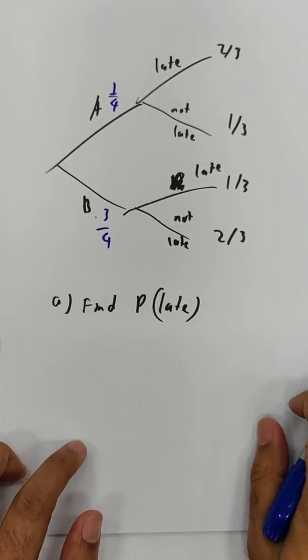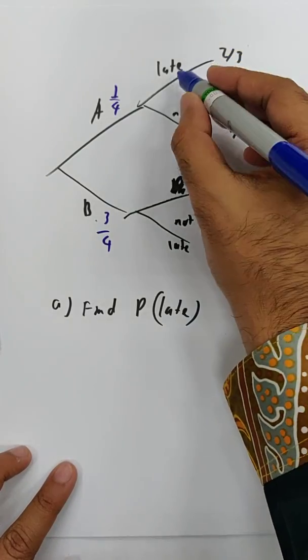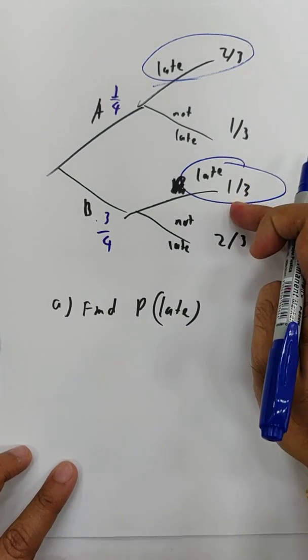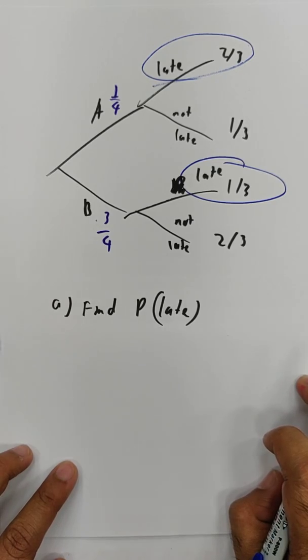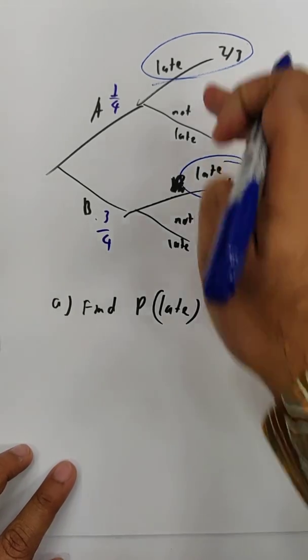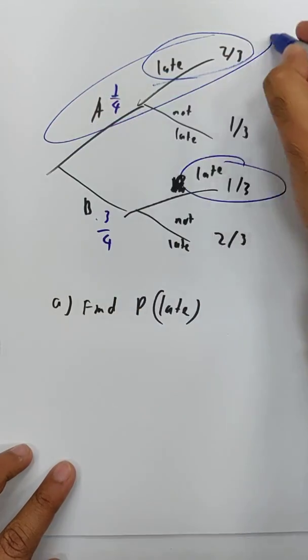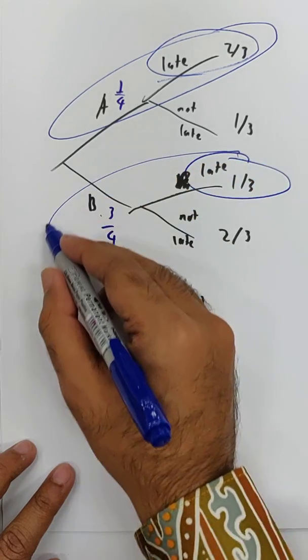If we look straight away at this question, the late is only here and here, right? Can I just simply do 2/3 plus 1/3? You're going to get it wrong. That means it's absolutely late. You need to choose the whole branch together that comes with it. It means this whole branch, and then this whole branch as well.